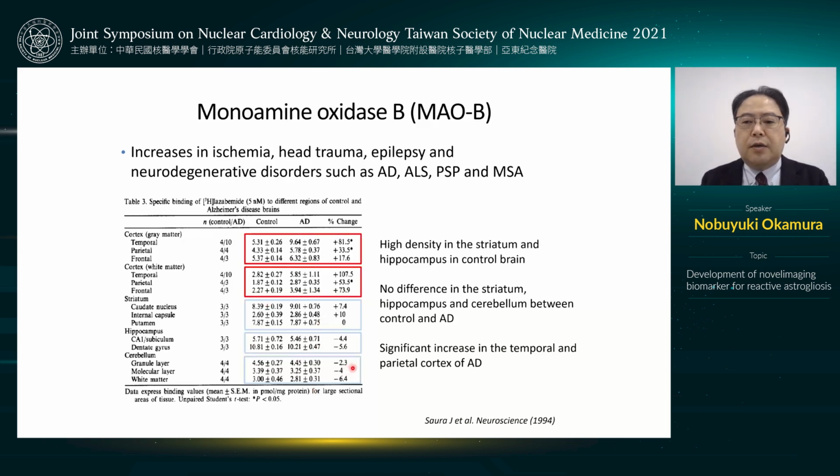However, the monoamine oxidase B density is highly elevated in the neocortical areas of AD brains, especially in the temporal and parietal lobe. As astroglial cells express high levels of monoamine oxidase B, this enzyme is considered a good brain imaging marker of astrogliosis.